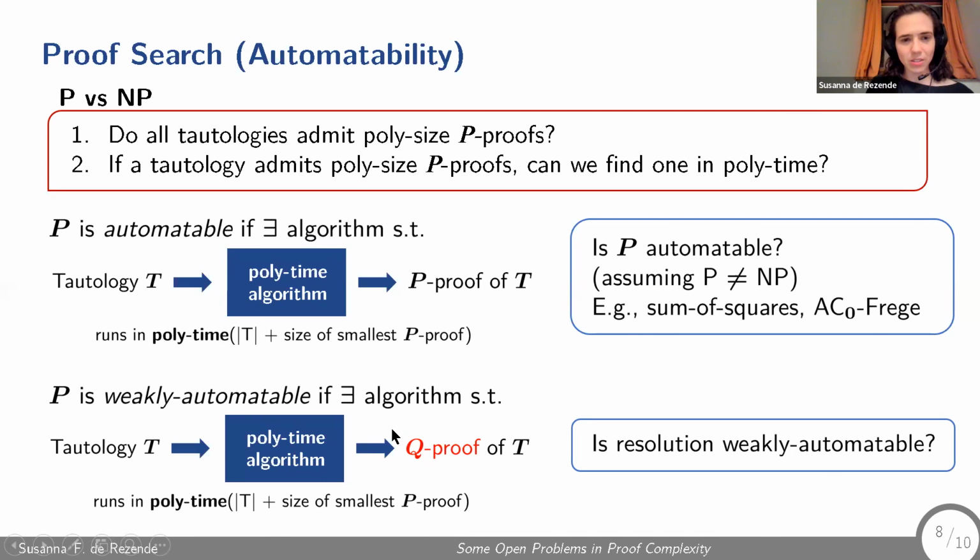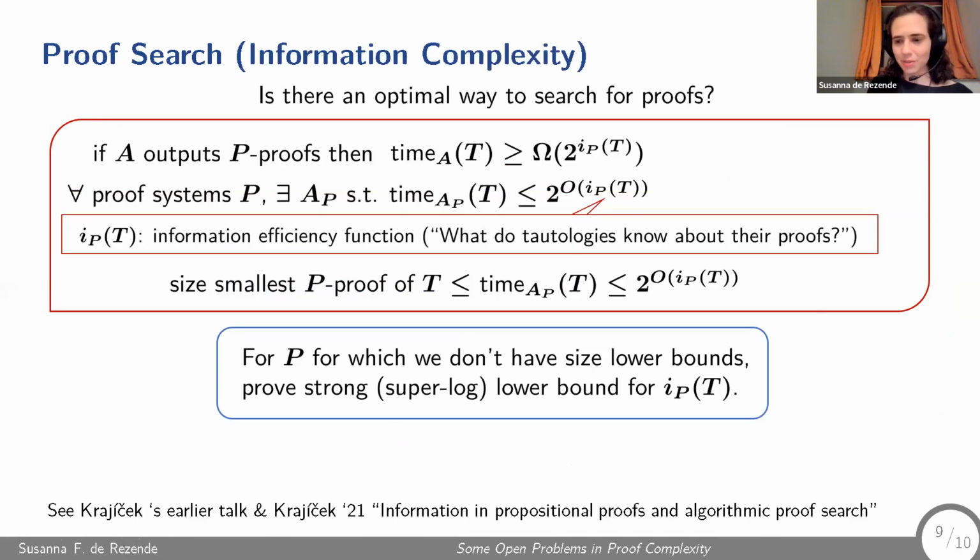Okay, and then I'll just go quickly over the next two slides because we just saw it today. So Krychek talked about this other view of proof search, which is more information theoretic. And basically, the question is still, is there an optimal way to search for proofs?